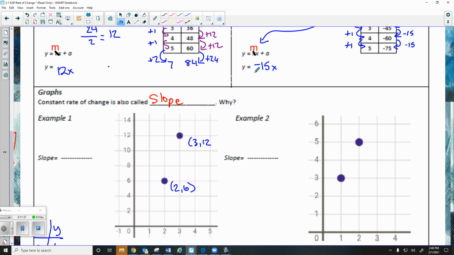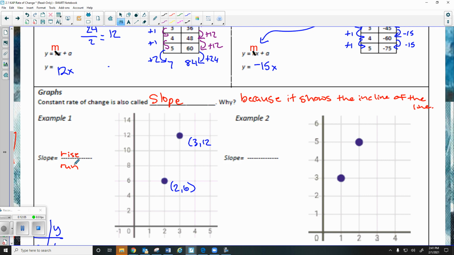Okay, why? Because it shows the incline of the line. Okay, so the way that you can find the rate of change, the way you can find the slope is the same thing, we can look at the rise over the run.